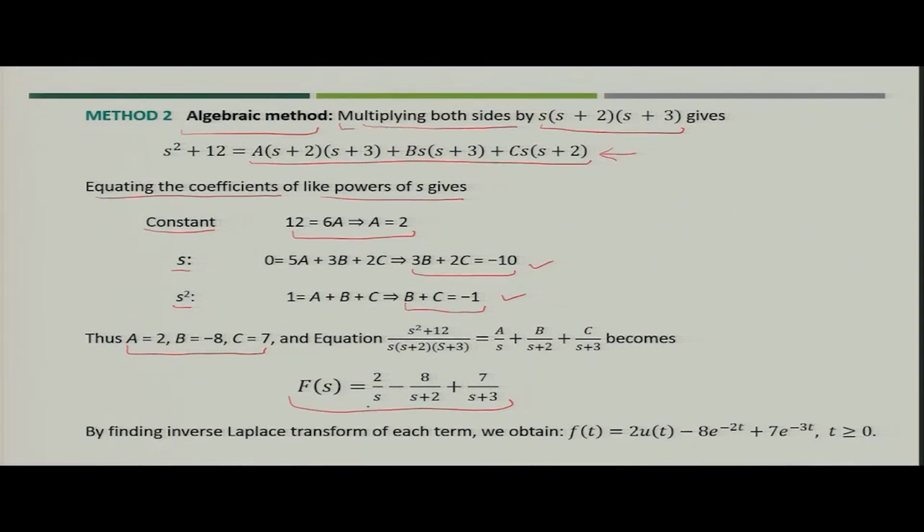And finally, for the given Laplace transform F(s), you can get the inverse Laplace transform by simply decomposing. You can easily say that the inverse Laplace transform of F(s) is 2 times the unit step function plus 8e^(-2t) plus 7e^(-3t), provided the time t is greater than 0, because this is applicable for t greater than or equal to 0.